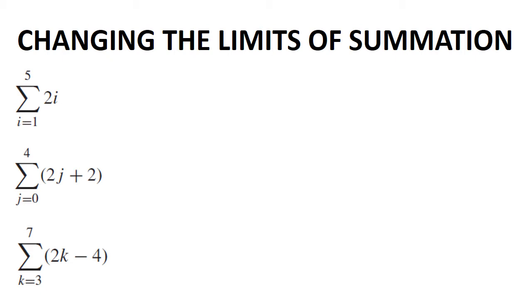Okay lang. So for example here, I have 3 summations here and we can see na parehas lang yung ibig sabihin nito, although iba-iba sila ng limits. And you can see also na by changing the limits, nag-iiba din yung kinukuha na natin yung summation or yung expression, yung function natin.